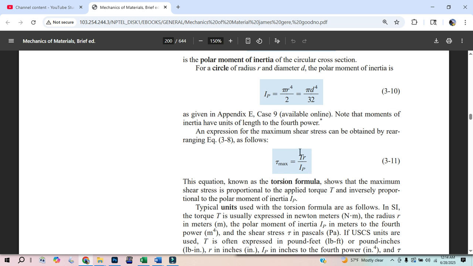So right now I have 2t divided by pi r to the 3rd. I'm going to get the r to the 3rd upstairs. And then I'm going to take the cubed root. So the radius is going to be the cubed root of 2t divided by pi t max. There you go. And so that equation should be written.